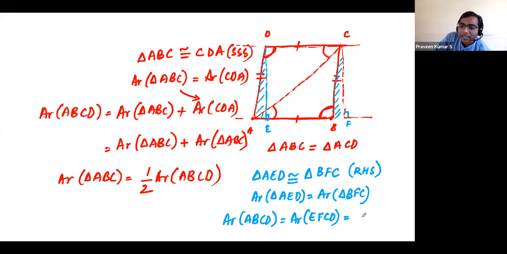So area of this rectangle is equal to EF into CF. And this EF is nothing but AB into CF, base into height. So this you would have now written as half base into height. Any questions around this?